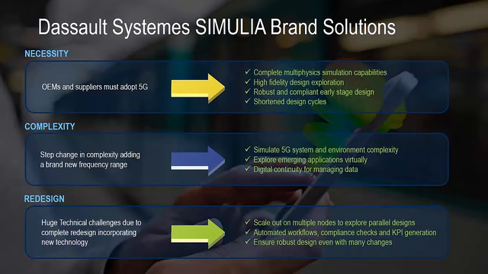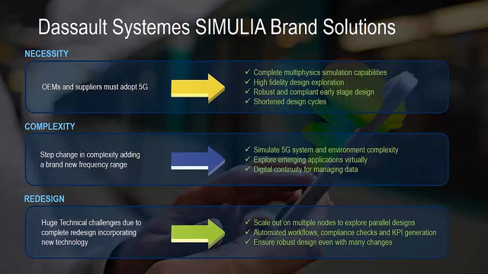And also exploring emerging applications virtually, so looking at not just smartphones, but at some of these new industry applications that we'll talk about. And finally, in the complexity, we really need a platform to manage the data complexity and ensure digital continuity. So we're not just exchanging files, we're really talking about data and digital continuity.